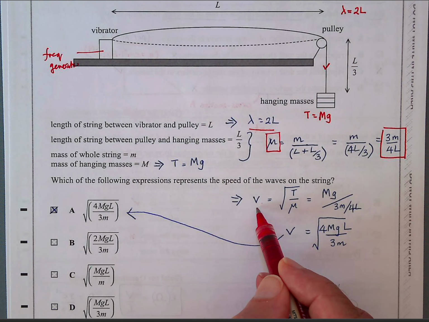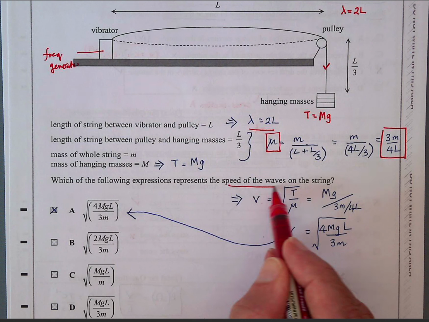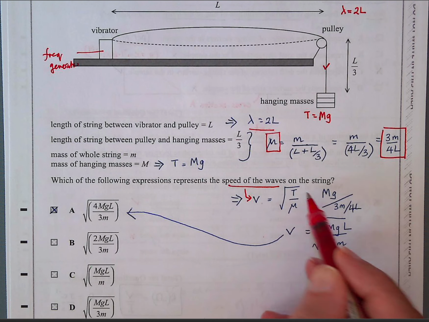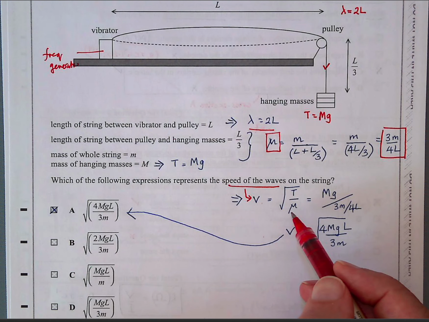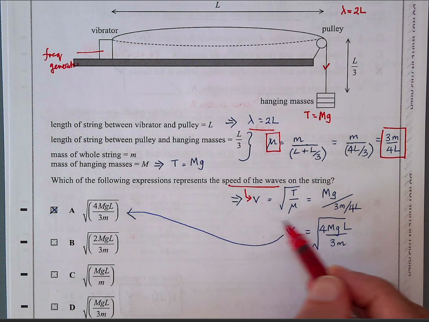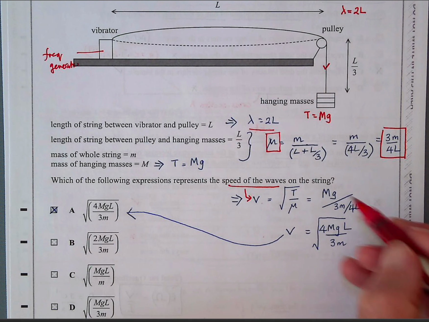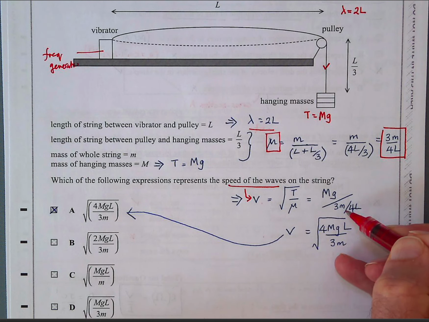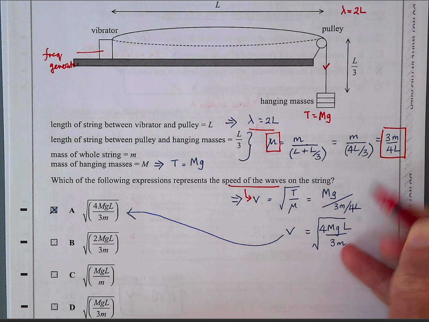Remember we said the speed of the waves on the string is v equal to the tension divided by the mass per unit length, square rooted. This is the equation that's given to you, and the equation they want you to be able to analyze. That means we know that the tension is mg, and we know mu is equal to 3m over 4L.